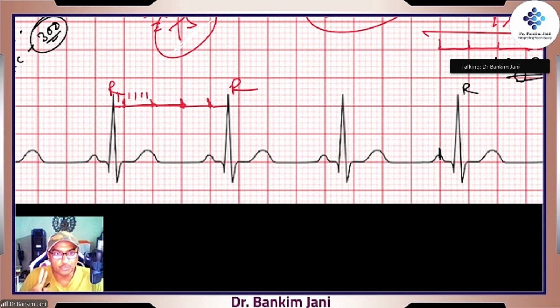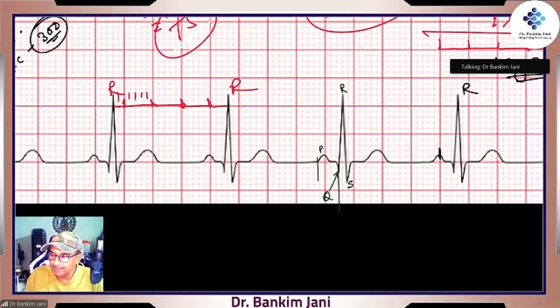There are 2 important points to be seen. This is Q, this is R, this is S, and this is the P wave. When we are to calculate the PR interval, it is this.